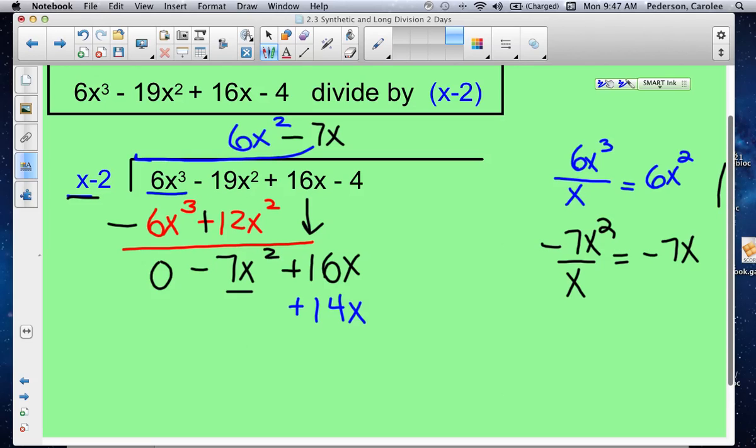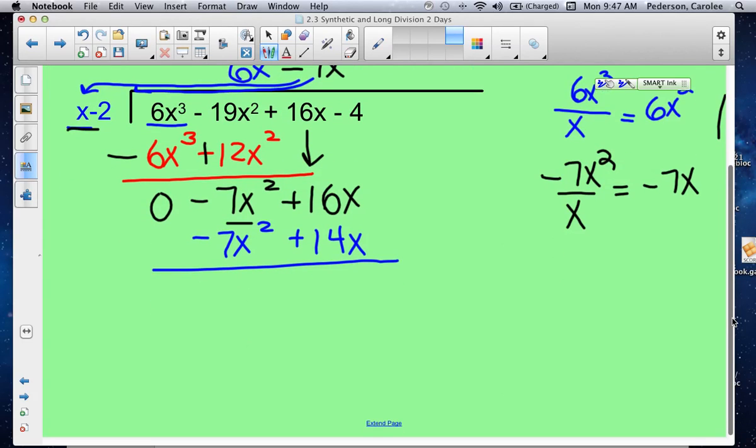And then negative 7x times x is negative 7x squared. What do I do with those two terms? Subtract them. We'll always change the signs. So now this becomes a plus, and that becomes a minus.